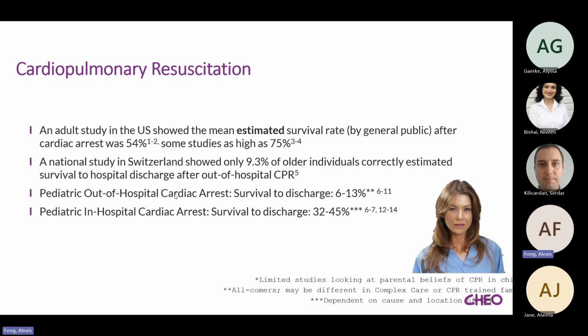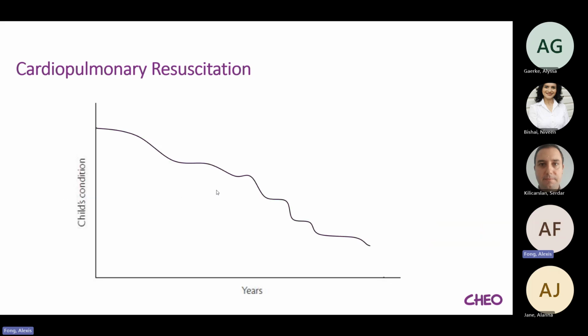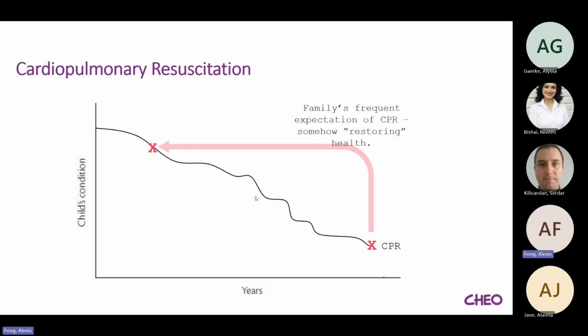It's important that when we're having these conversations, parents understand what CPR looks like and what outcomes actually are. So this is referred to as a deuteriograph. Again, this is not testable material, but it's helpful in having conversations with families, looking at a child's condition over time and seeing when CPR is given. Parents often expect that CPR somehow restores health.